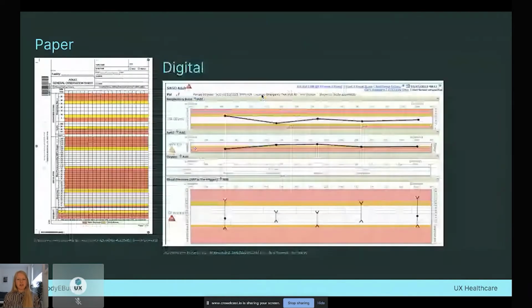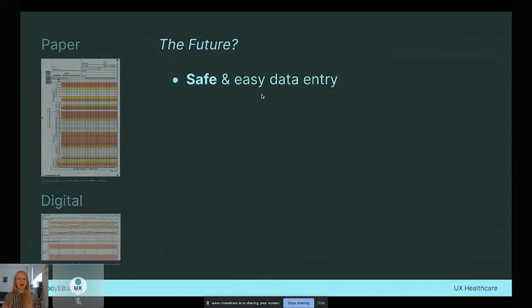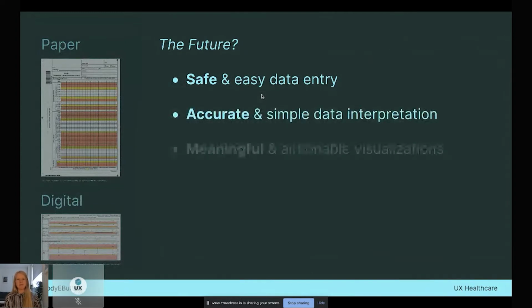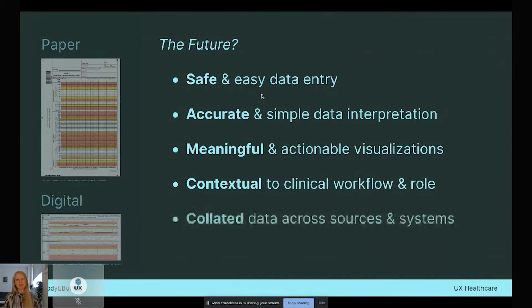But I'd really love for us to go a step beyond that in our products today and consider a few things. First would be, how can we make sure that we're creating safe and easy data entry, as well as accurate and simple data interpretation, which is actually meaningful, giving actionable visualizations instead of it just being a pool of data, making sure that it's contextual to clinical workflows and roles, and collating data across sources and systems.